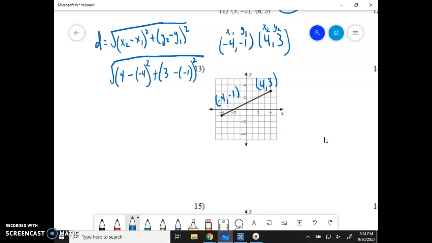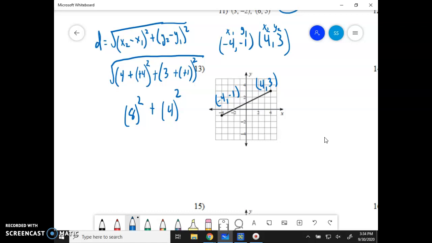So I'm going to go ahead and do 4 minus negative 4, which is the same as adding a positive, right? Subtracting a negative, same as adding a positive. So we get 8, and we're going to square it still, plus 3 minus negative 1. So we're going to change that to positive as well. So that's 3 plus 1, which is 4, and we're going to square it.